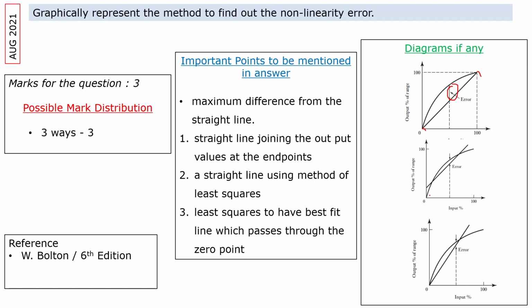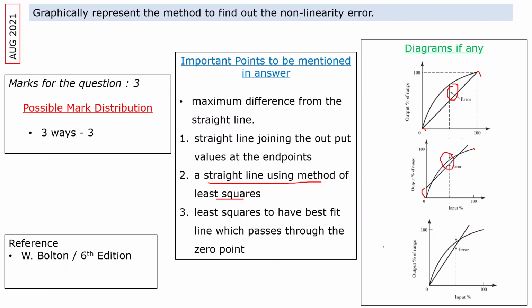Now in the second method, you have a start point and you have an end point here, and you are using a straight line using the method of least squares, but the straight line which is made using the least squares has some intercept here. It is not passing through the origin, and so this will be the error.